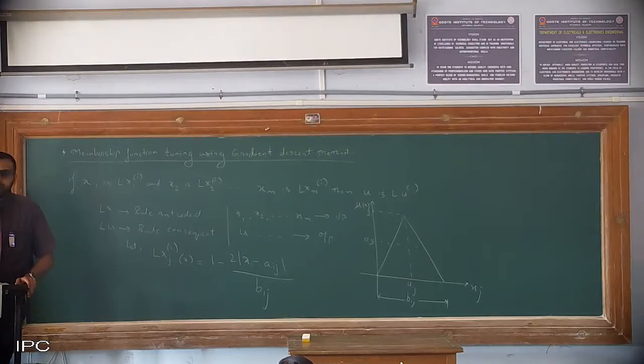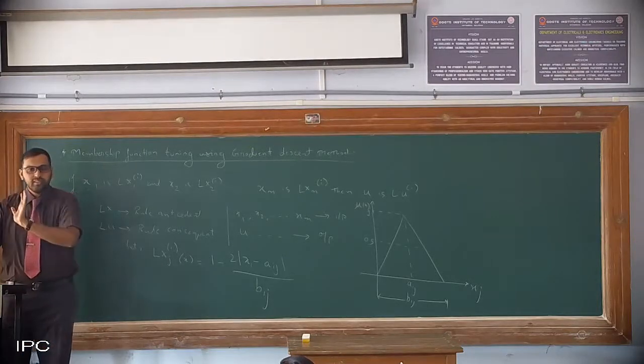We always tune the parameters at the input side, because if you change anything at the output side, the entire thing goes on changing. Here it makes no difference. See, the output is the most important part, so you change something here such that you get a proper output at the next phase.